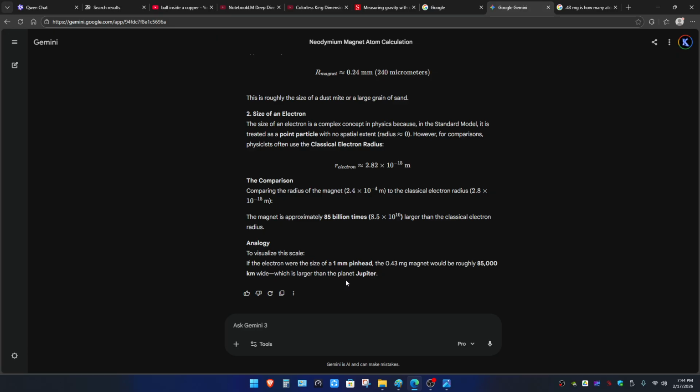So the 30 attonewton that we had detected is basically about 85 billion times bigger than an electron, and the machines are totally different type of machine.